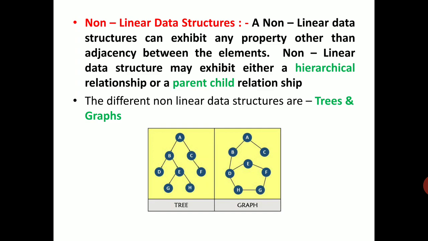Now can you tell me, data structures are classified into how many types? Basically two types, primitive and non-primitive. Then what are the examples of primitive data structures? Integer, float, double, character. Then what are the operations on primitive data structures?